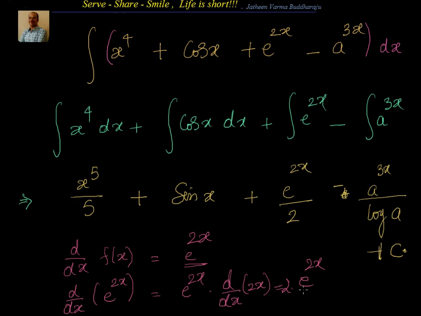But what we want is only e power 2x. That means my f of x should be e power 2x by 2, so that I can cancel the 2 and get e power 2x. So that's how we got e power 2x by 2. Applying the same logic, you will have a power 3x by log a.